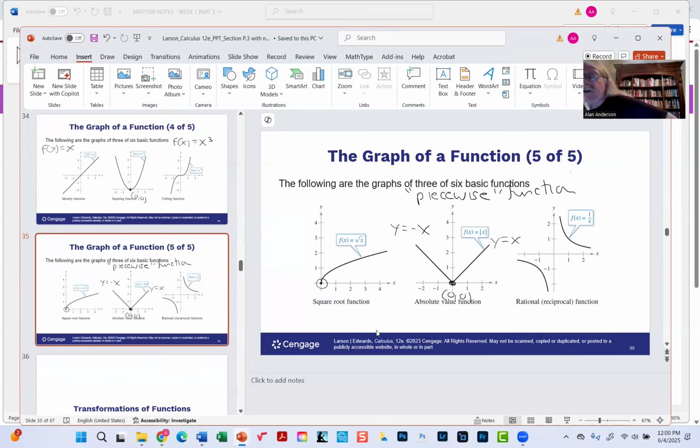And this last one is the inverse function, or sometimes it's called the rational reciprocal function. This is f of x equals 1 over x. You notice there's an asymptote here in the center. The function itself can never quite reach that vertical axis. There's no value of x at which y could be 0. Okay, so again, there's a discontinuity here.